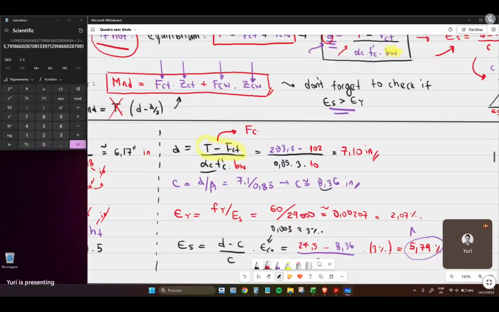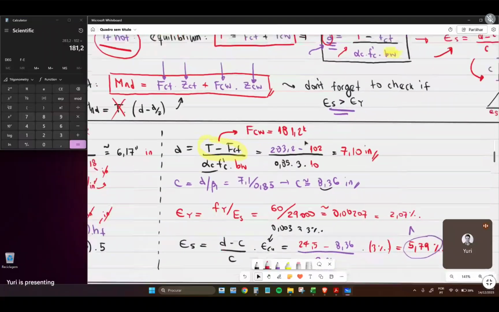So FCW has to be 203.2 minus 102, because these forces need to be in equilibrium. 203.2 minus 102, that gives 101.2.